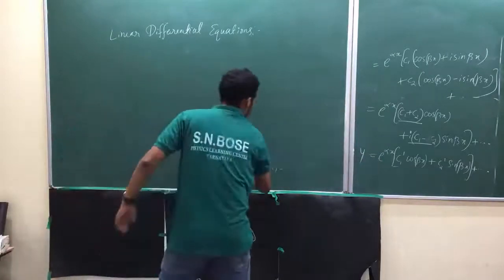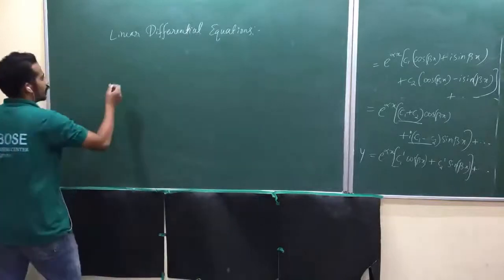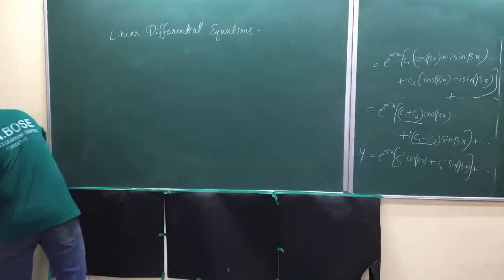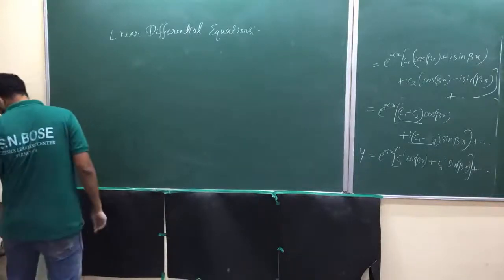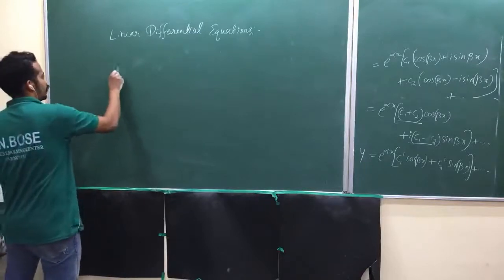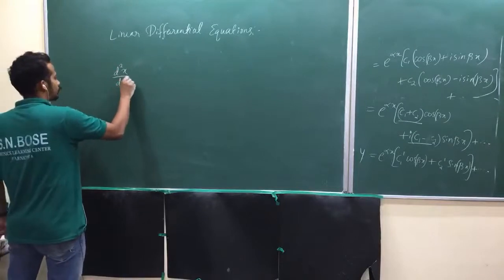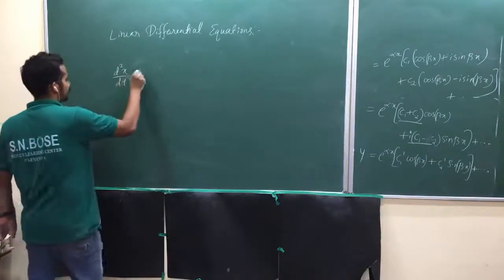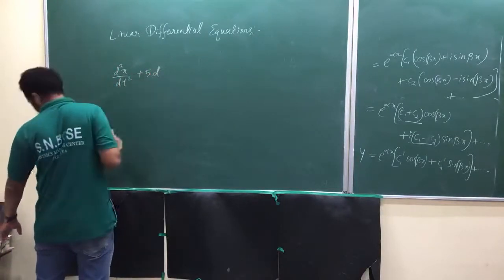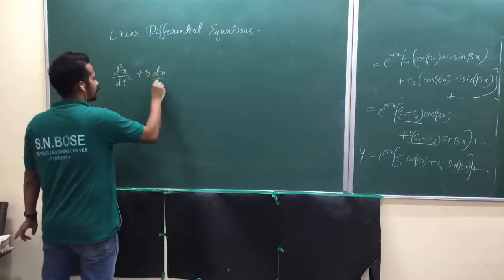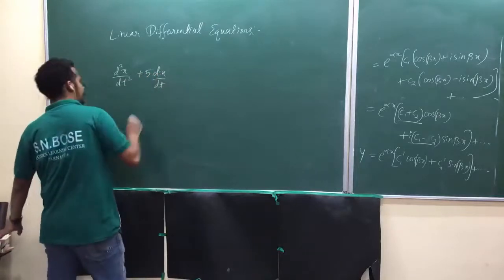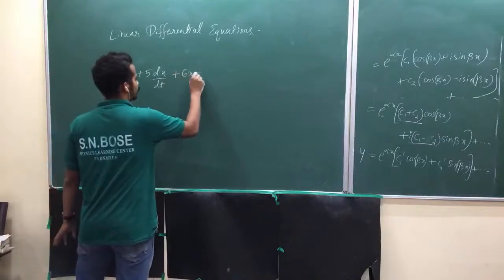Now let me start application. d square x by dt square. Now look at here, you should not be symbol sensitive here. Plus 5 into dx by dt plus 6x is equal to 0.